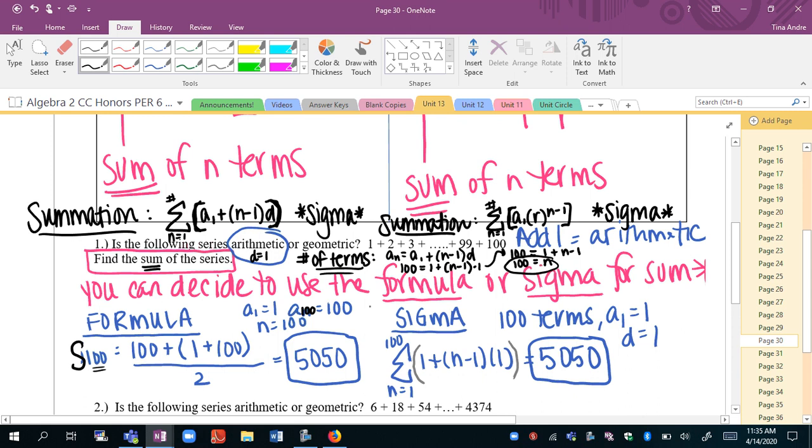Using sigma, you would have to use your arithmetic sequence formula. So you're going to do the summation from the first term to the 100th term, the last term. I have to know again how many terms there are, 100 terms. So then I just use my arithmetic sequence formula: first term plus n minus 1 times the common difference. You could actually go through and do this by hand, but this is where it's useful to use that calculator button.